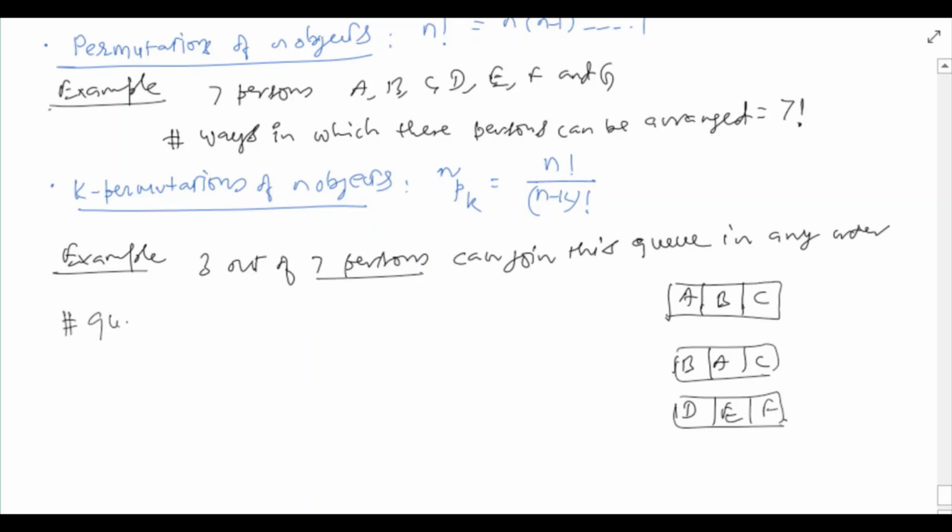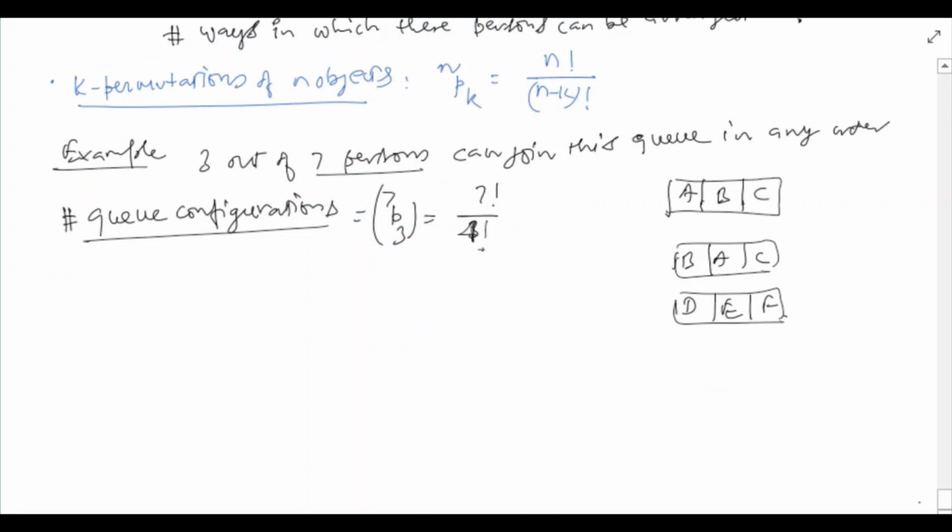So the number of queue configurations will be equal to 7P3, which will be factorial 7 divided by factorial 4. Notice that here we are also concerned about the order in which these persons appear in the queue. So A, B, C is a different configuration than B, A, C.